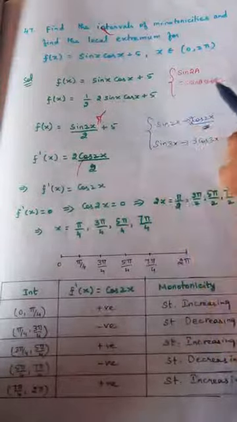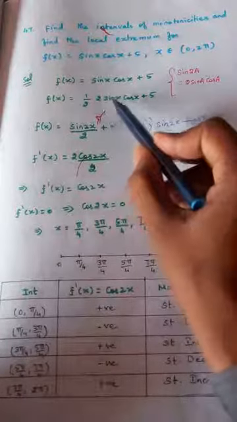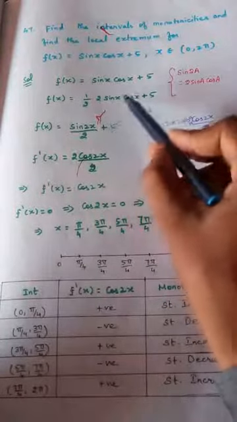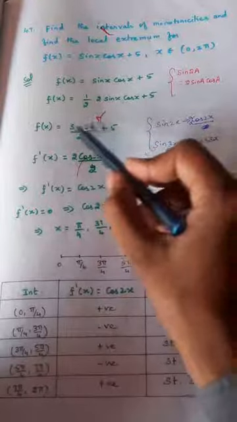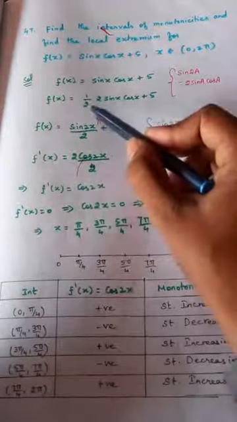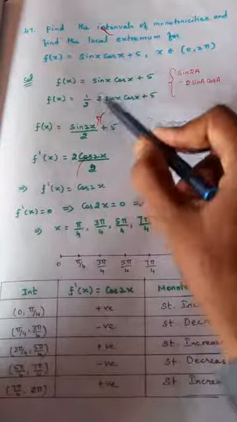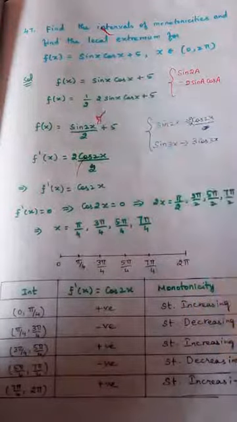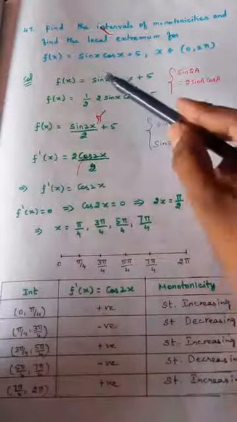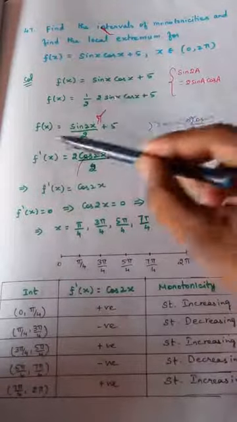So 2 sin x cos x can be written as sin 2x using this formula, and then plus 5. This division by 2 is here. So this alone becomes sin 2x. Before differentiating, we simplified f of x and we got into this form.